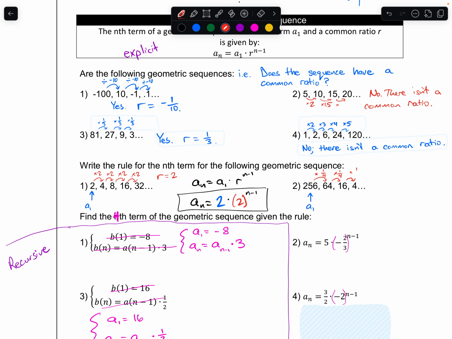And sure enough, we're multiplying by 1/4 again and again to get 16 and 4. So our common ratio is 1/4. So to write our rule, we would say A sub n equals A sub 1 times our common ratio raised to the power of n minus 1. There we go.